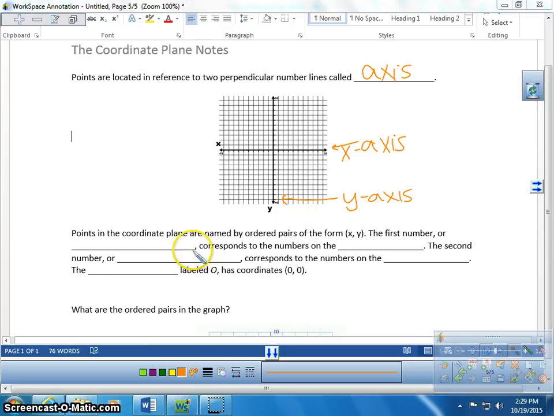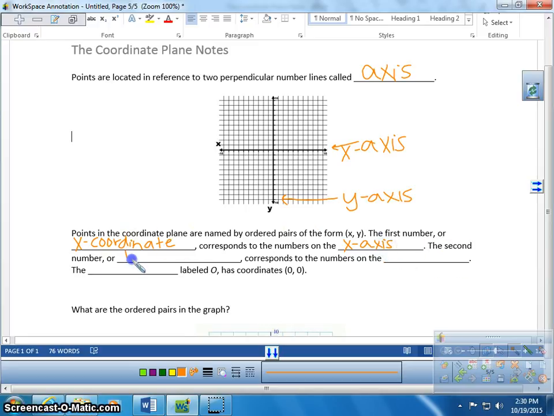It says points in the coordinate plane are named by the ordered pairs in the form (x, y). We always have x, y. Okay, x always comes first and they have parentheses around them. Ordered pairs always have parentheses around them. The first number, or the x-coordinate, corresponds to the numbers on the x-axis.